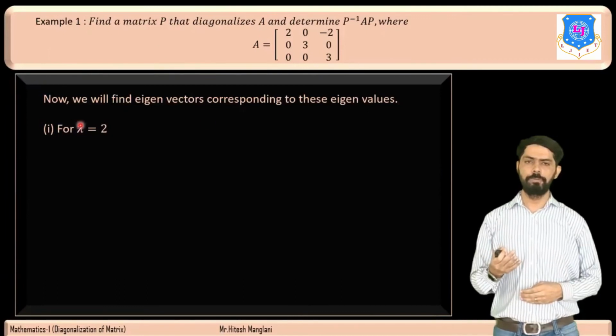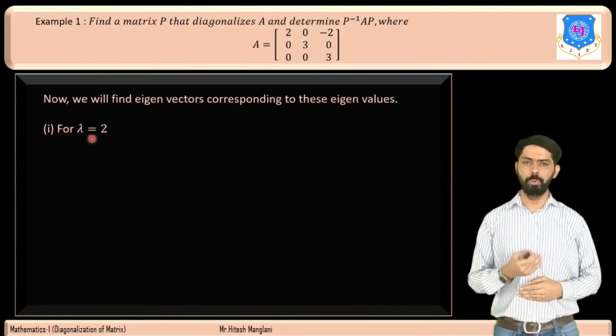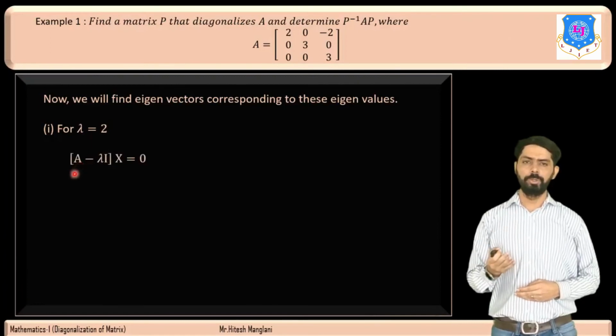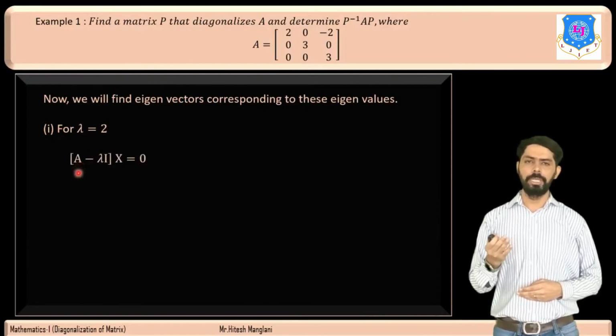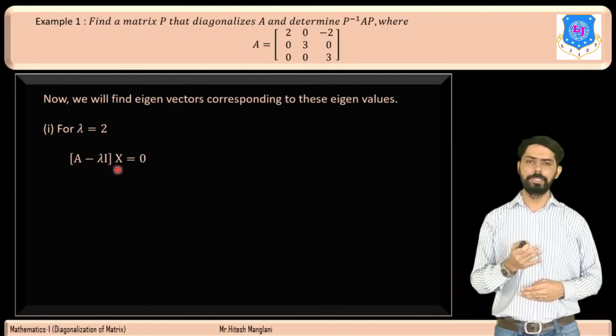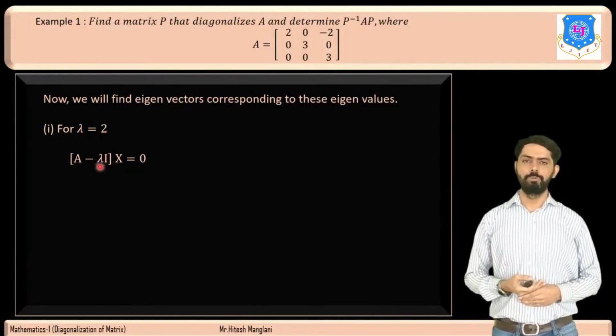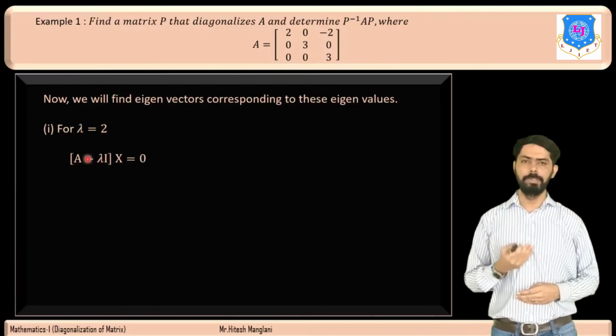First of all, we will find the eigenvector for lambda equal to 2. According to the definition of eigenvector, (A minus lambda I) into capital X is equal to 0, where capital X is called the eigenvector. Now we have to find A minus lambda I. For that, we subtract lambda from the principal diagonal elements.